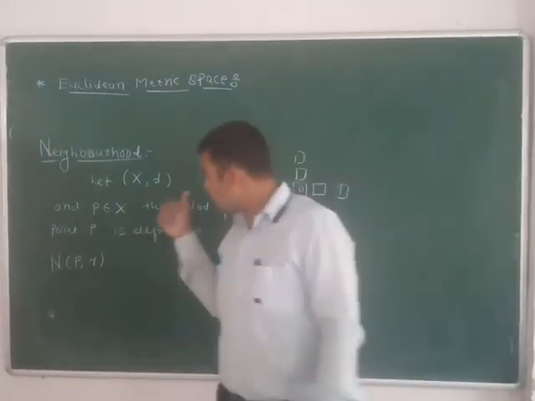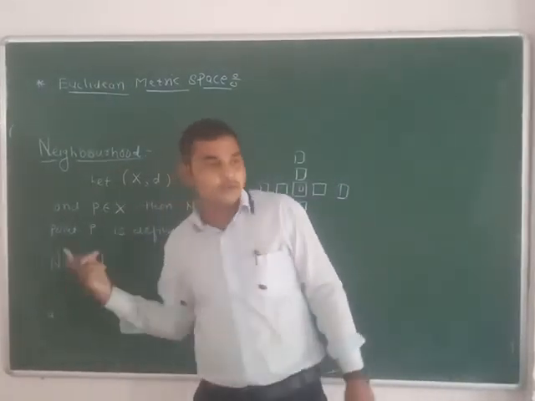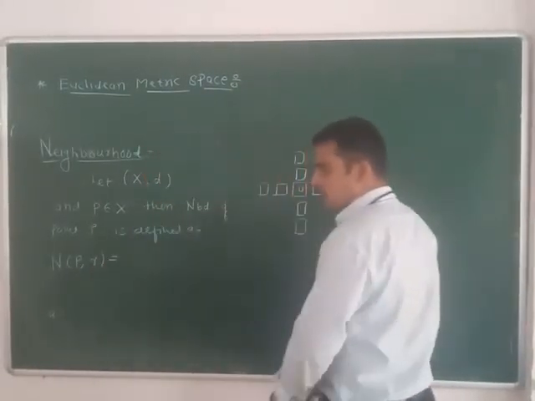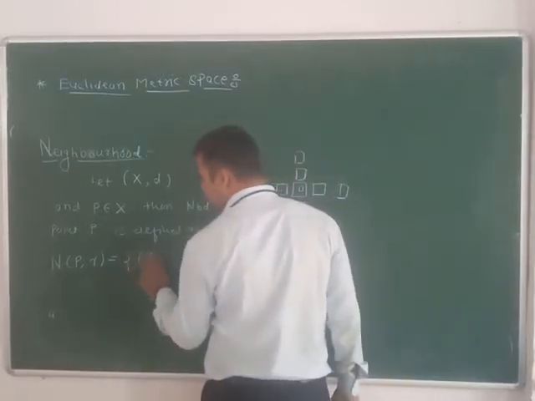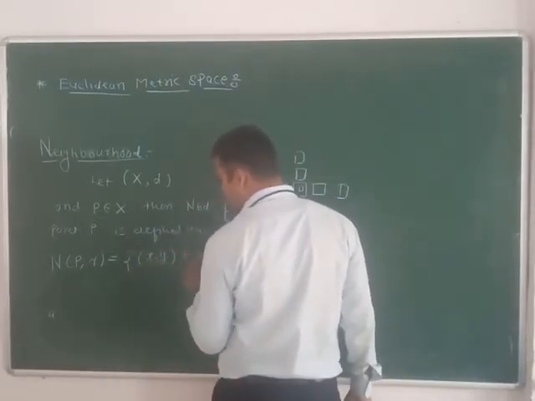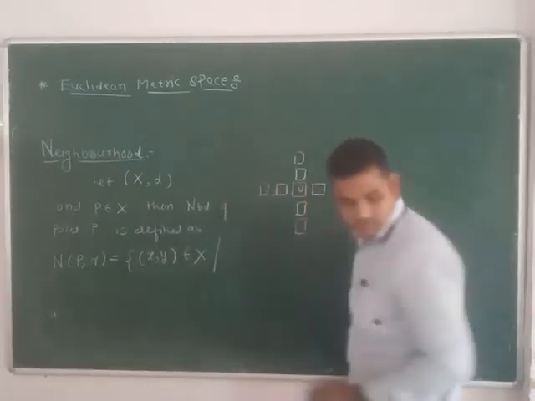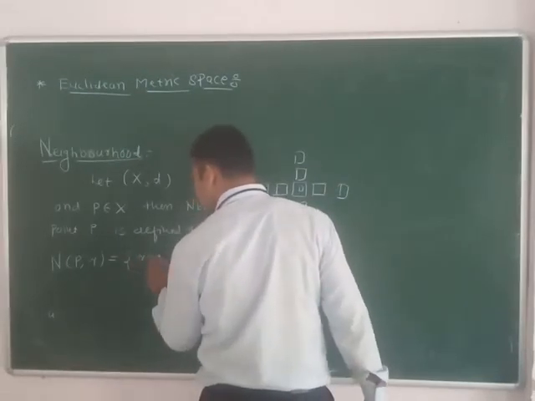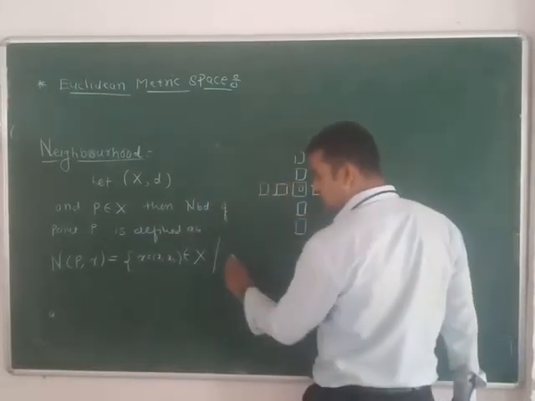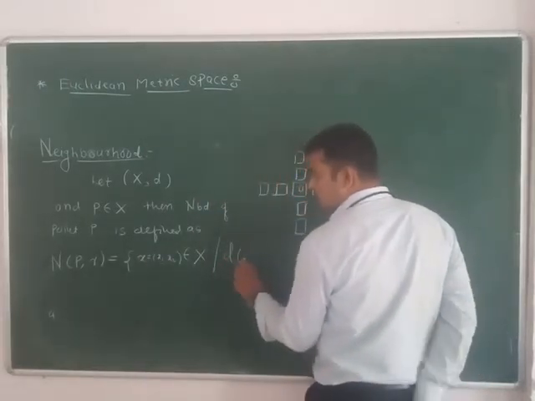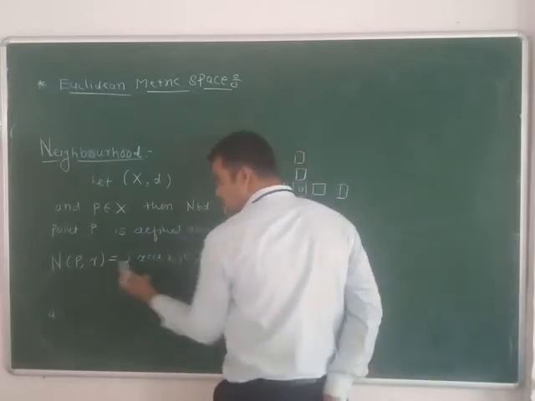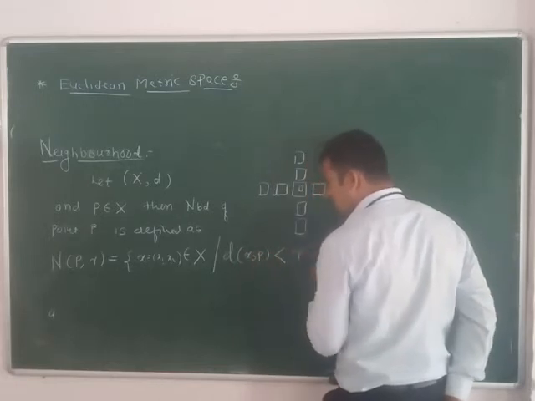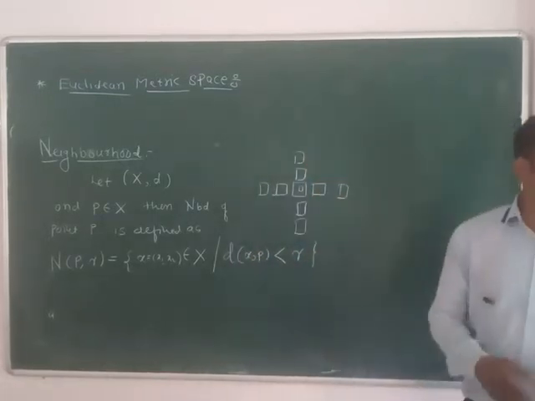In order to define the neighborhood, we have to consider 2 things: the point and the distance r. Then the neighborhood is defined as N(P, r) equal to the set of all points x = (x1, x2) belonging to capital X such that d(x, P) is less than r.